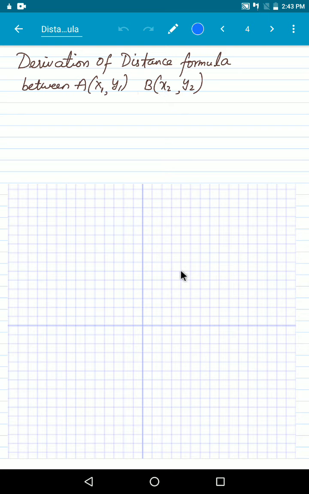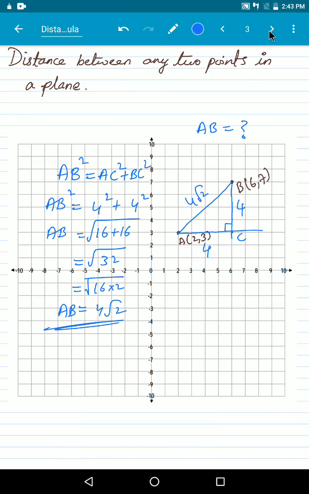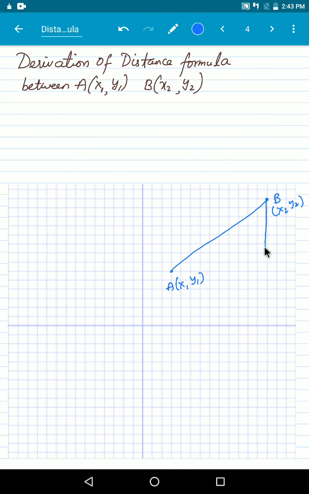Okay, so let us say we have a point here, A, which is (x1, y1), and somewhere here we have a point B, which is (x2, y2). We need to find the distance between these 2 points. Now the concept is the same as what we did here, right? We need to form a right angle triangle. All right, let us form a right angle triangle.